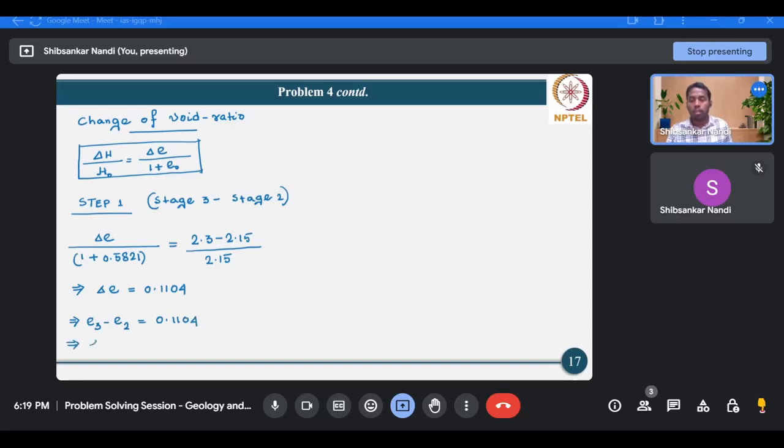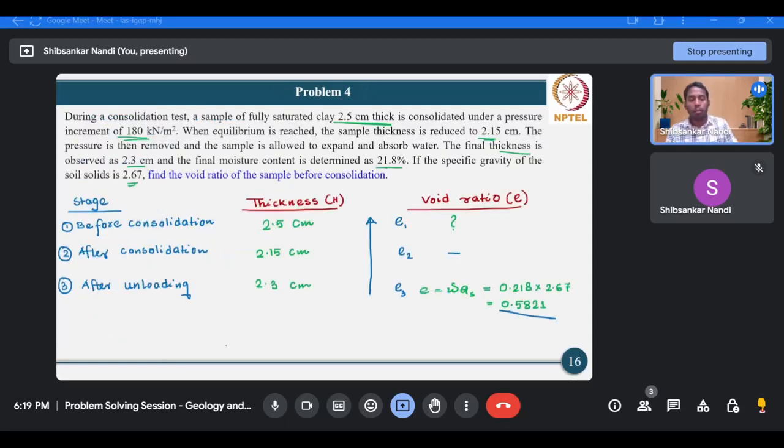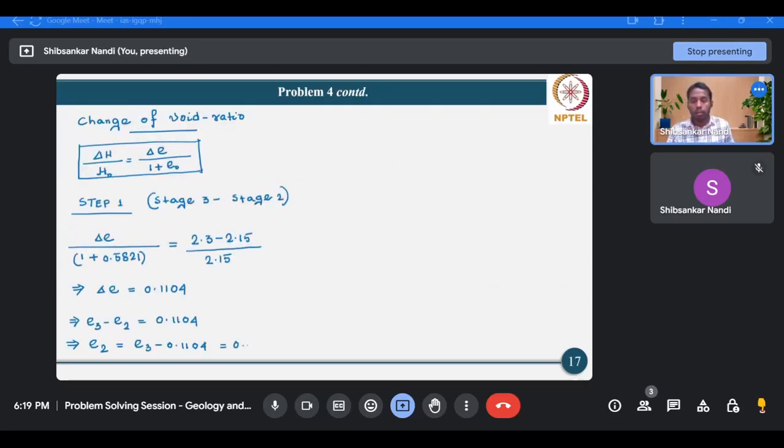So obviously your E2 value would be E3 minus 0.1104, and E3 we have already calculated as 0.5821. The suffix denotes the stage. So 0.5821 minus 0.1104, that means 0.4717.